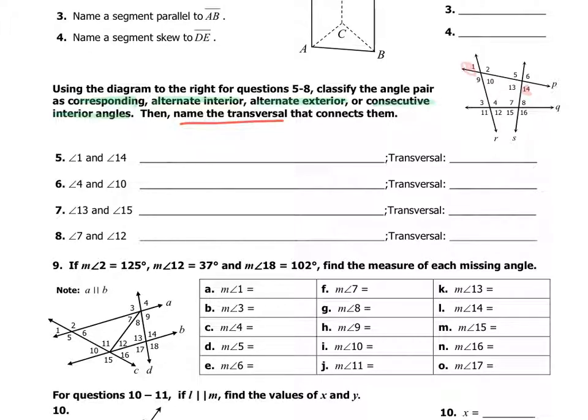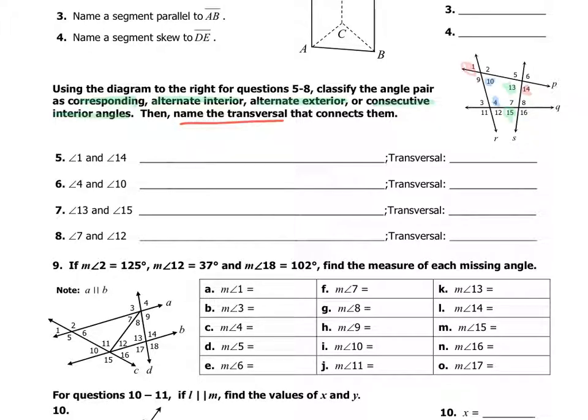Number 16, 4 and 10. So 4 and 10. What are those angles? Number 7, 13 and 15. So here's 15. Here's 13.